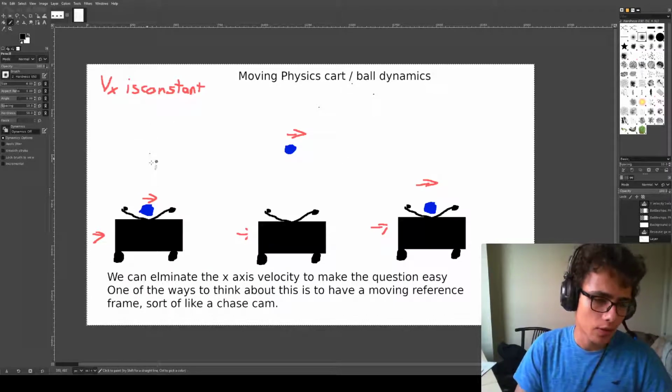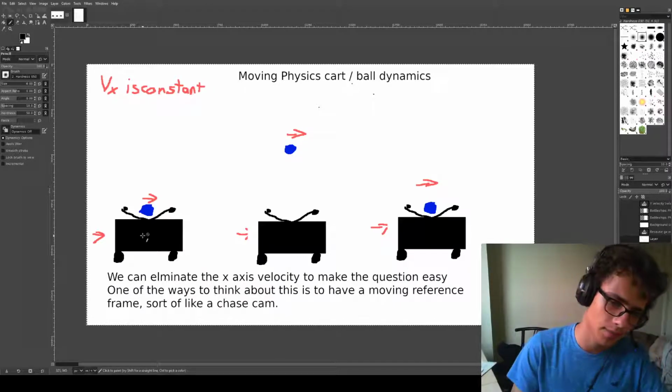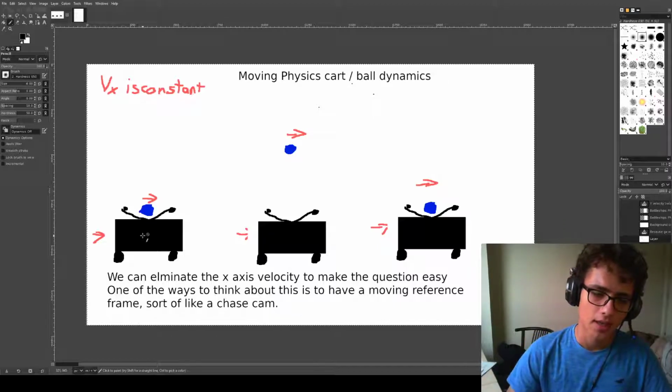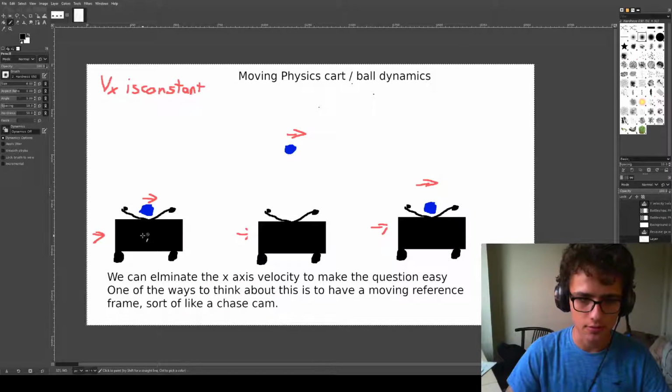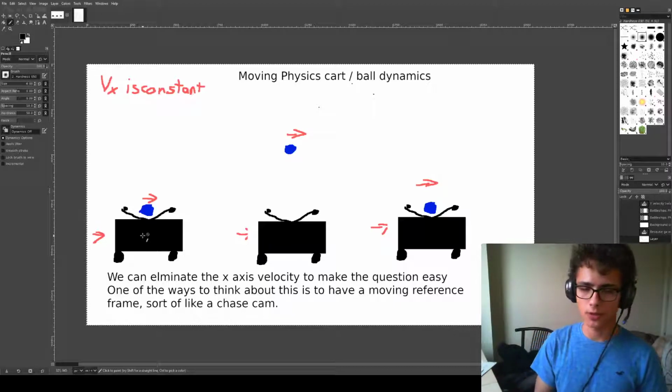So in the question where it's a cart moving at a constant speed, it shoots a ball straight up and then the ball lands back down. We can make this problem really simple by completely removing the x-axis, right? We can turn a two-dimensional problem into a one-dimensional problem.